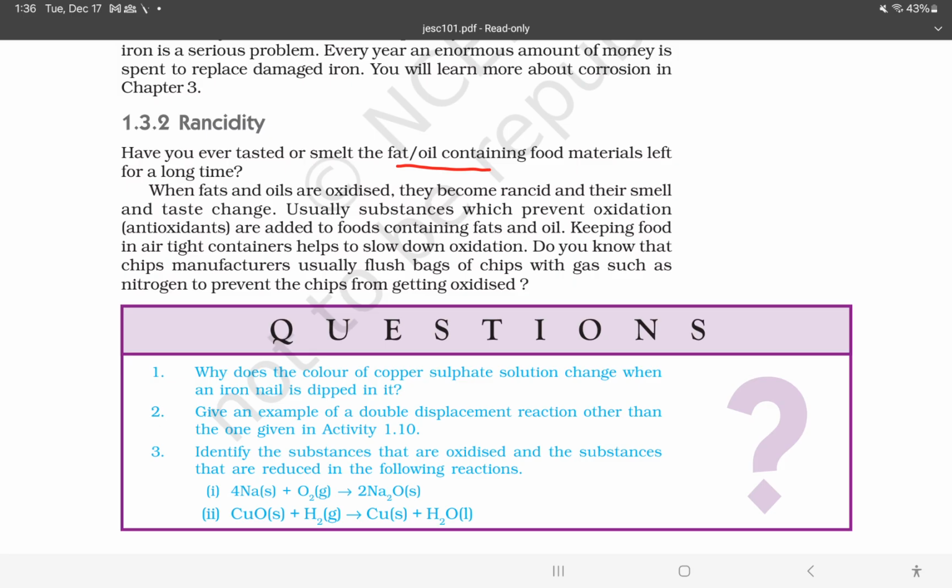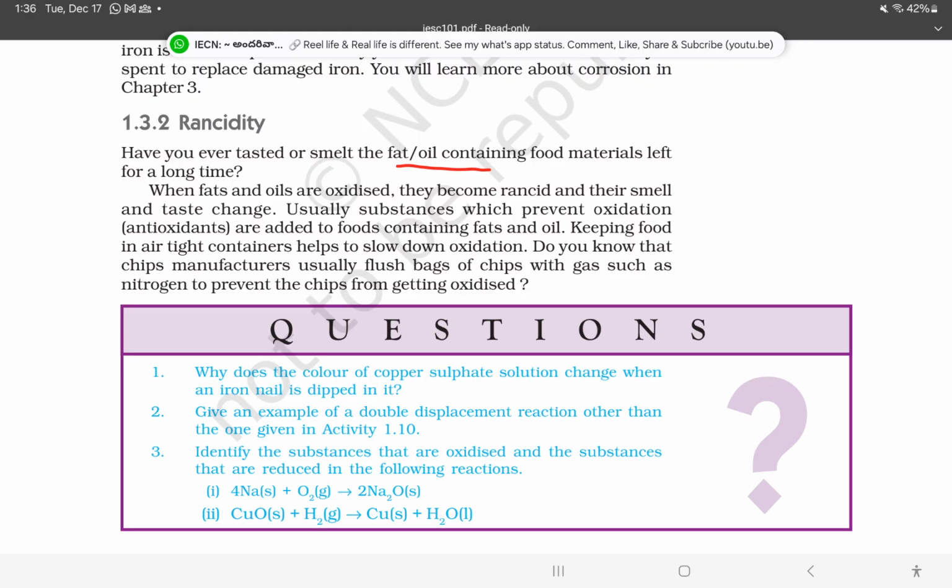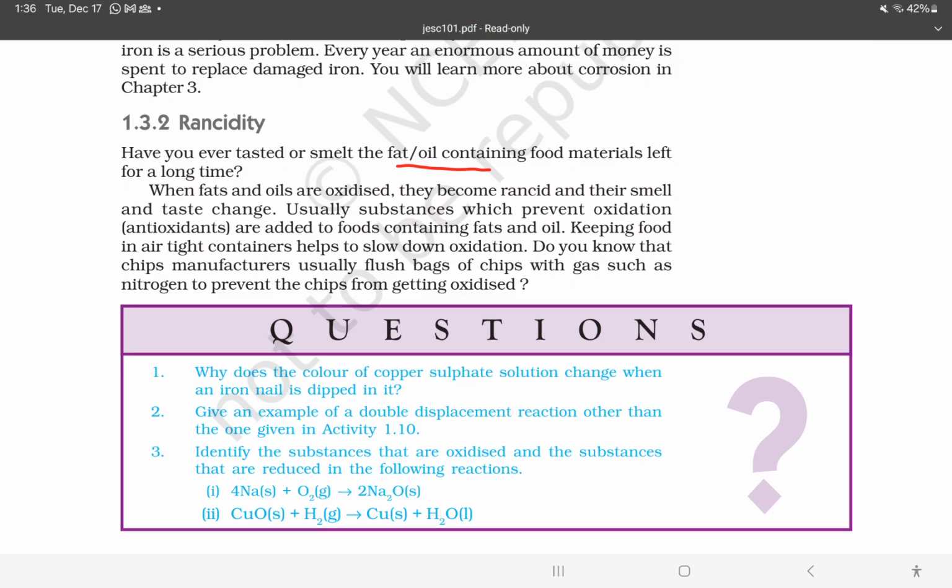If you leave the pickle like that, there will be a change in the smell and odor, and it will change into a blackish color. What is happening there? That is also because of the oxidation process. To avoid this, we have to keep the food in airtight vessels. If you keep it in an airtight vessel, these reactions won't happen and the food remains fresh.